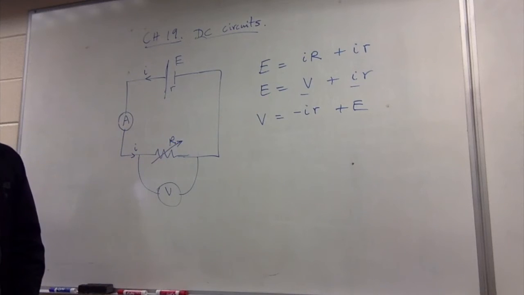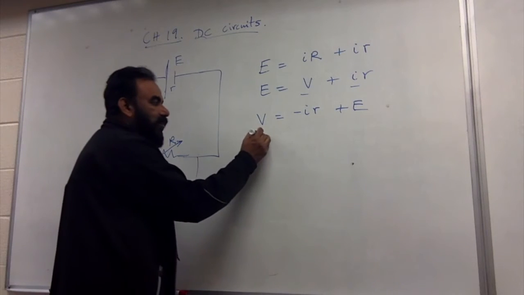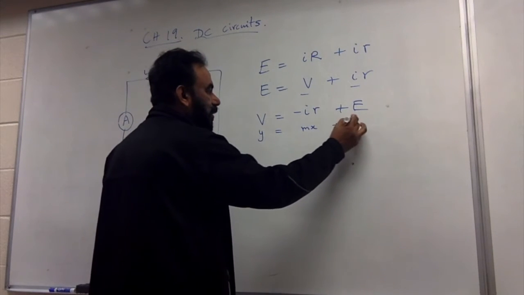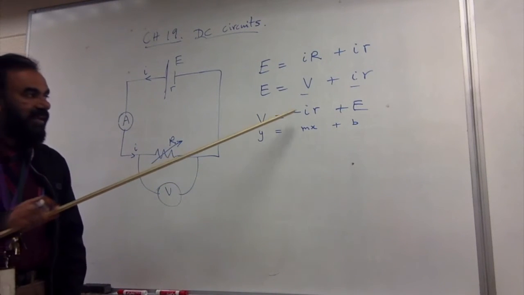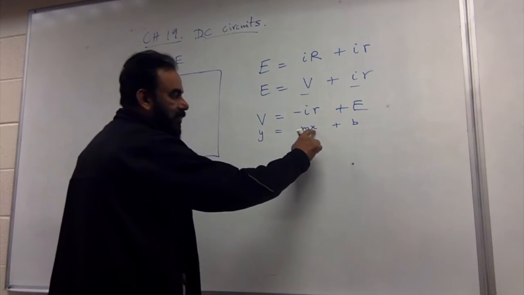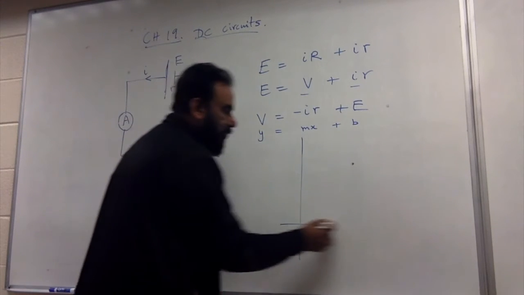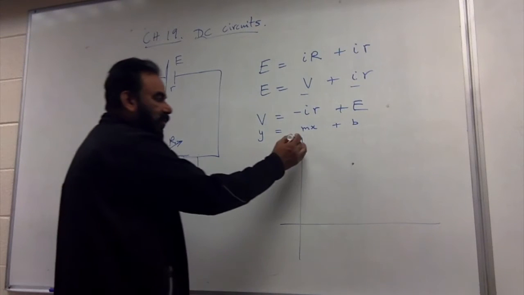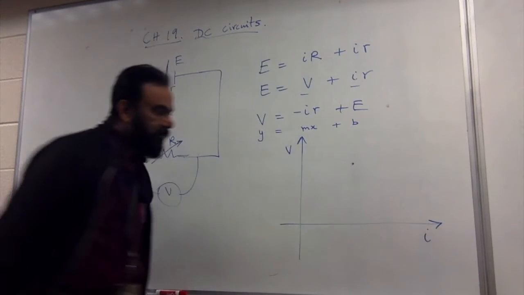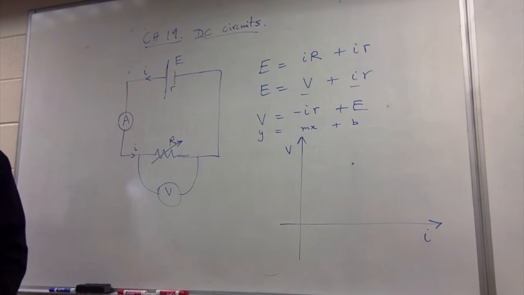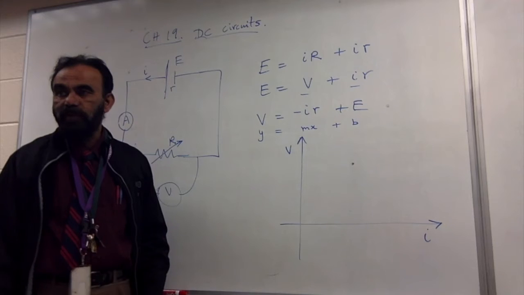And you can see that this equation is in the format y equals mx plus b, so it should be a straight line between V and I. The x variable is I, the y variable is V. So if you plot a graph of V on the y-axis and I on the x-axis, what kind of graph is anticipated? A line. Which way? That way.